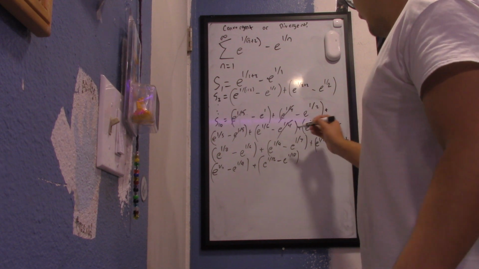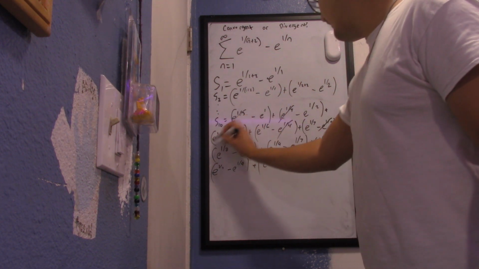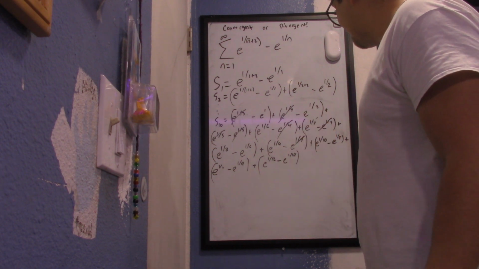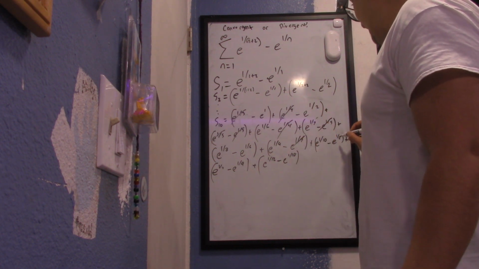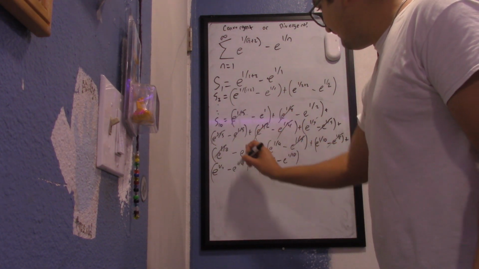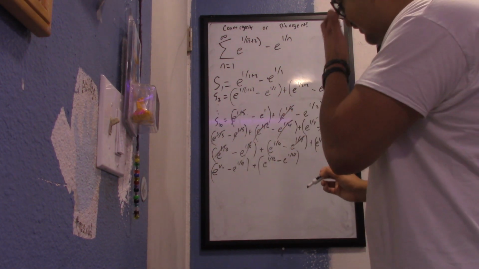So we have that one, we have, over here, positive 1/5, we have e to the 1/7, negative e to the 1/7, e to the negative 1/8, e to the positive 1/8, and e to the 1/6, negative e to the 1/6, and so forth.